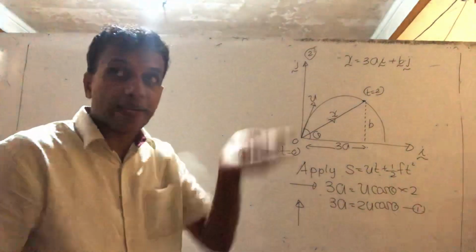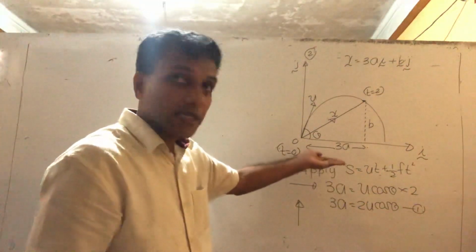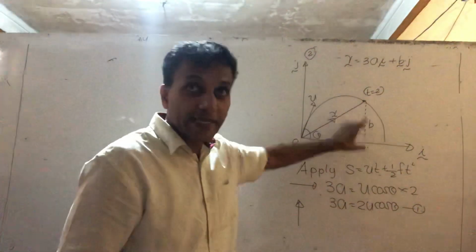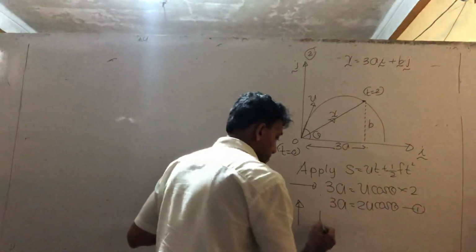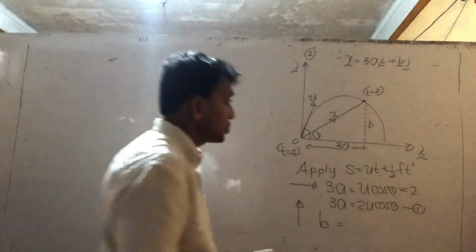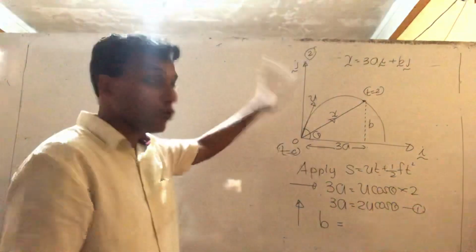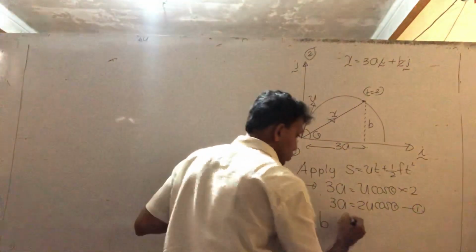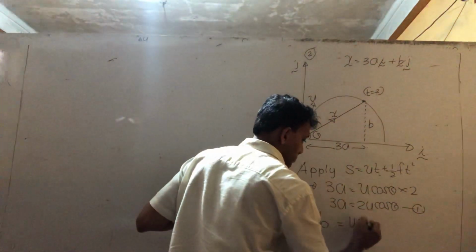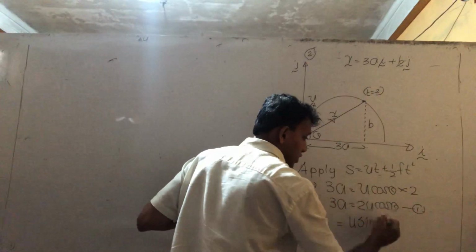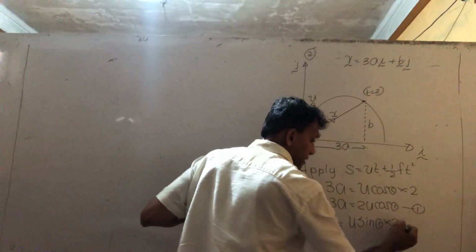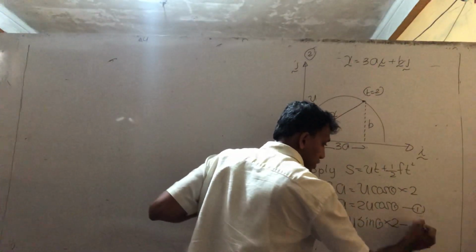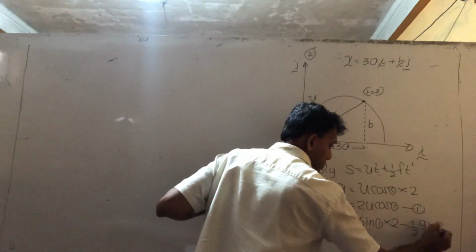Next apply it to the upward displacement, the projectile height, b distance. b equals, what is the velocity here? u cos theta, then u sin theta, u sin theta into t which is 2, minus half g t square, 2 square.